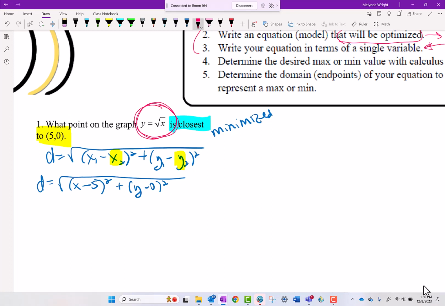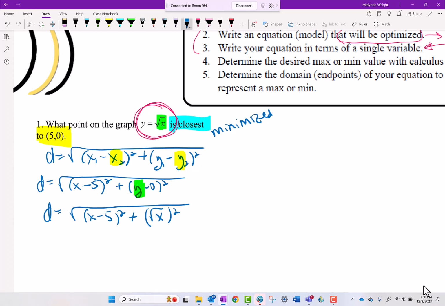So our choice is to solve for y or solve for x. It's already solved for y, so why don't we just utilize it that way? Let's go ahead and sub that in. So our distance would be the square root of (x minus 5) squared plus, and we're replacing the y with the square root of x. We're substituting the square root of x for y.